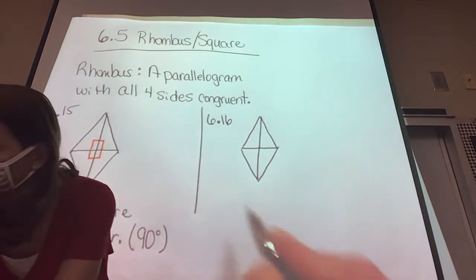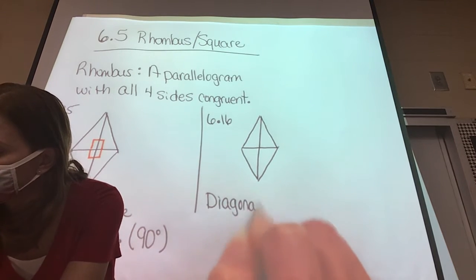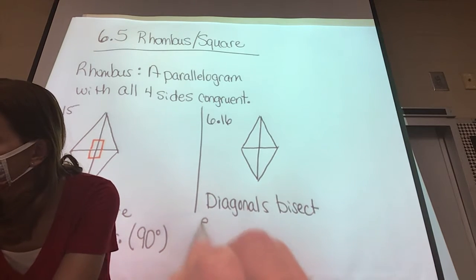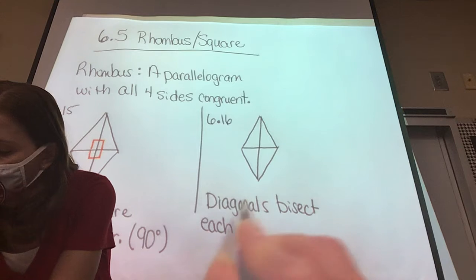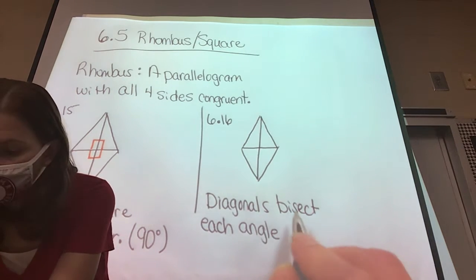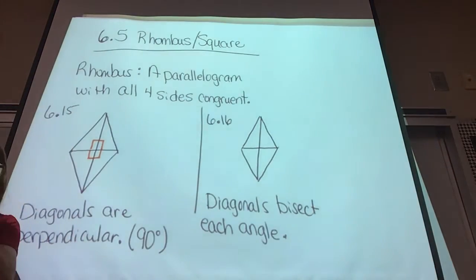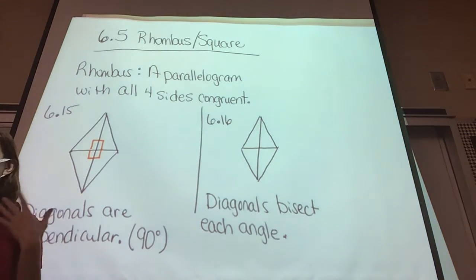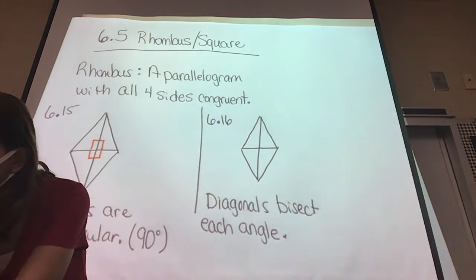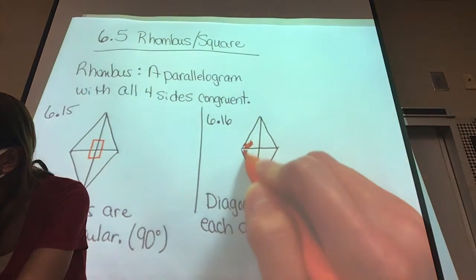So let me go ahead and write this real quick. So we've got diagonals bisect each angle. Of course we know bisect means it cuts it in half. So what you get is this angle is going to be the same as this angle.